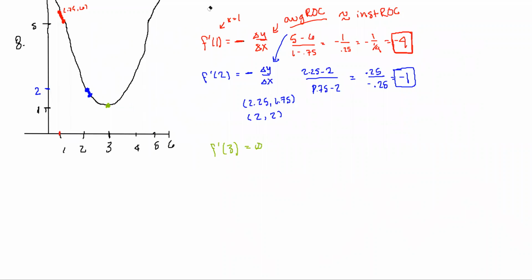And then we would use the exact same method that we used for 1 and 2 to find f prime of 4, which is going to be approximately 1, I think, because this is going to be positive now. We could do the calculations again, but don't they mirror the other side?